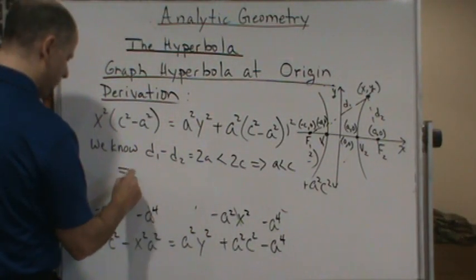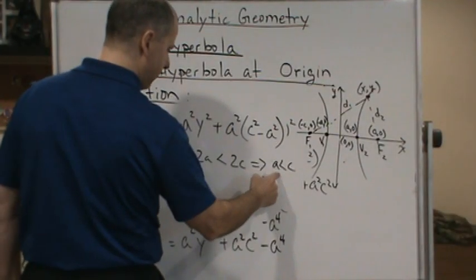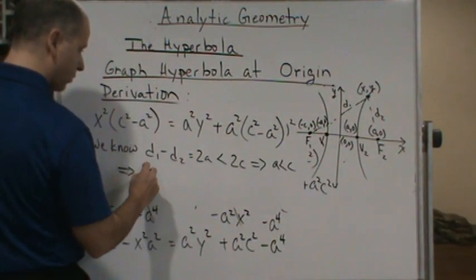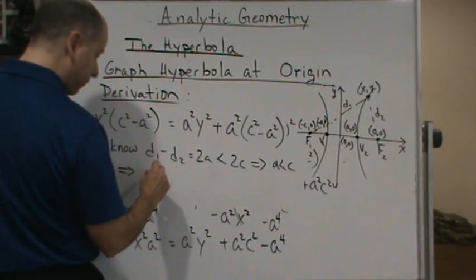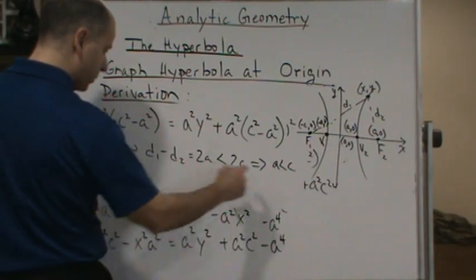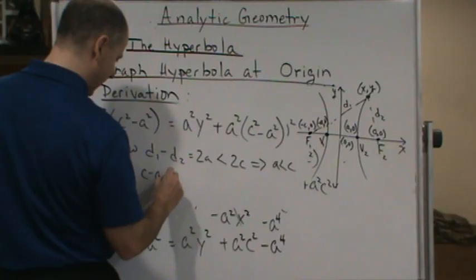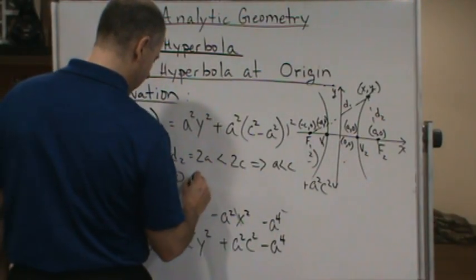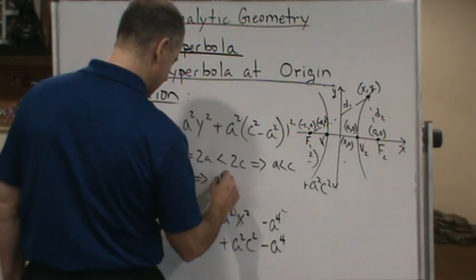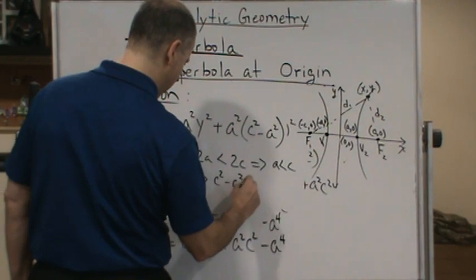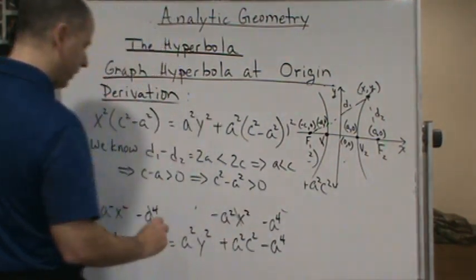And then also, if a is less than c, then guess what? If we subtract a from both sides, that means that c minus a is greater than 0, which then implies that c squared minus a squared also must be greater than 0.